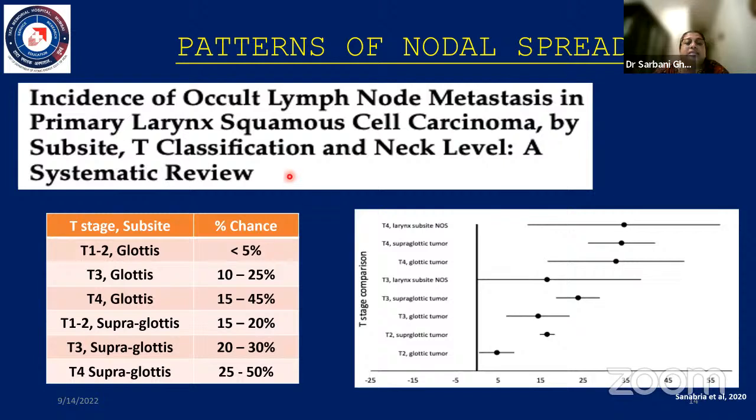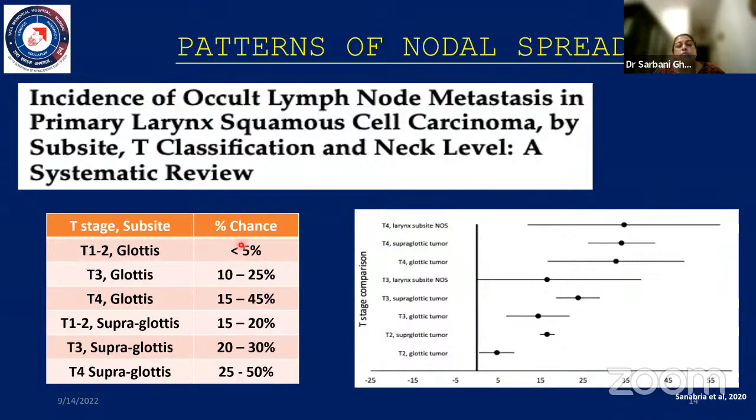If you look at this particular paper, which was a systematic review, it describes the incidence, or rather the propensity, for lymph node metastasis. By subsite, as the stage increases for glottic cancers, the propensity for lymph node involvement also increases.